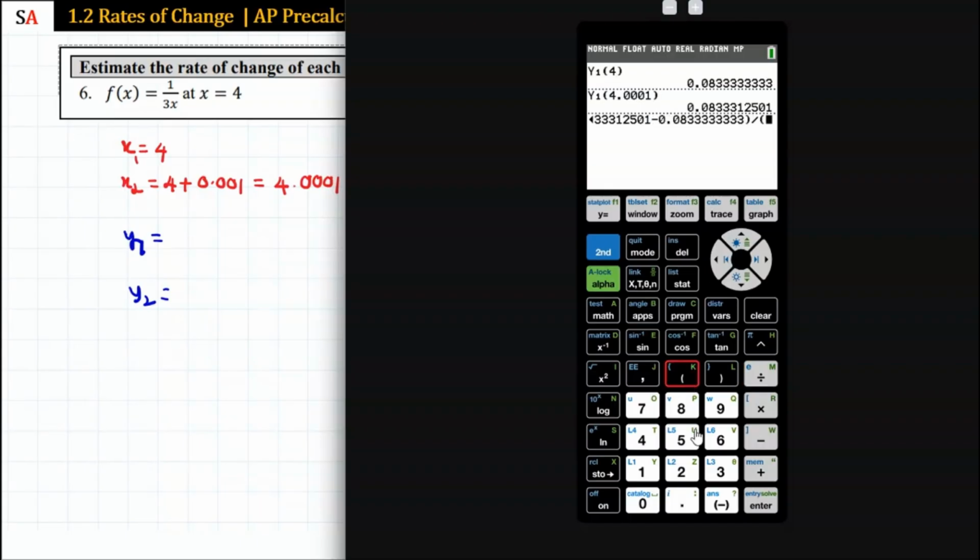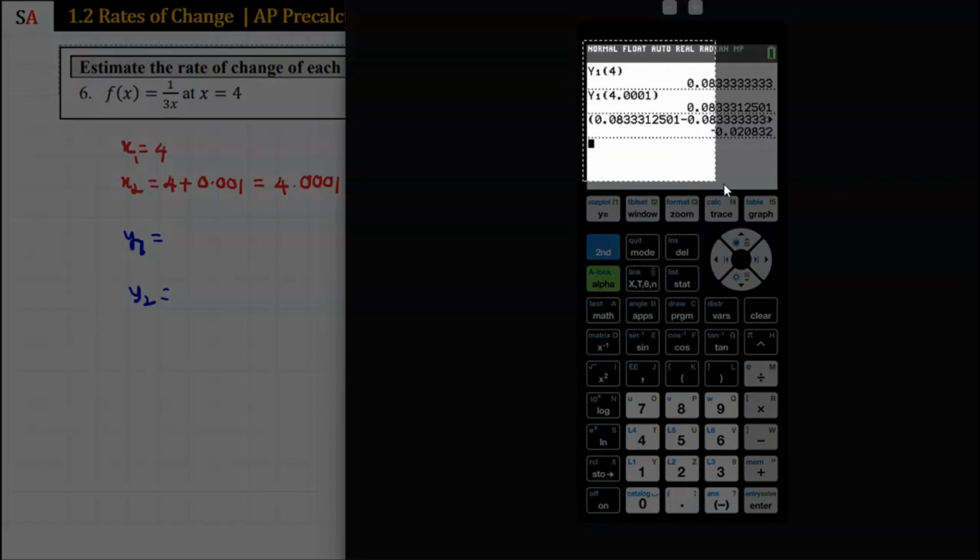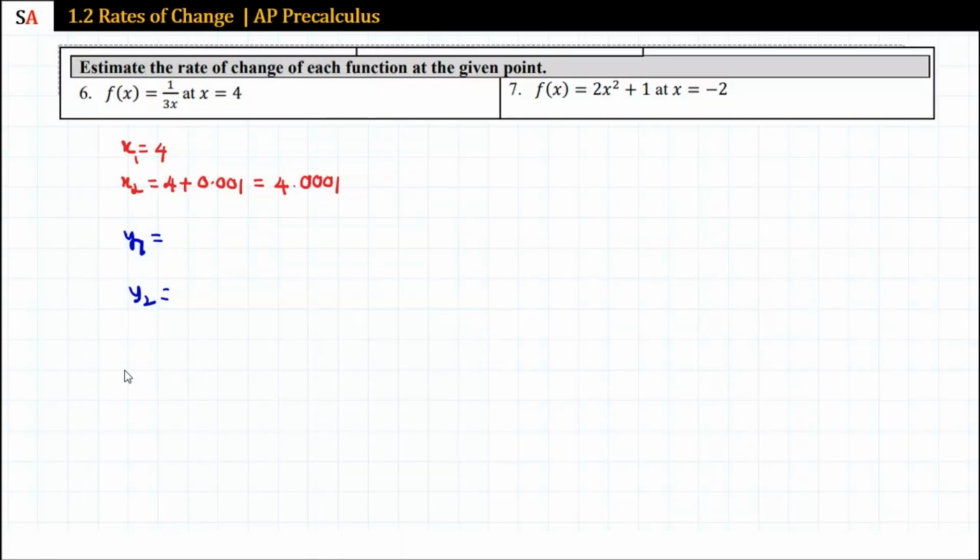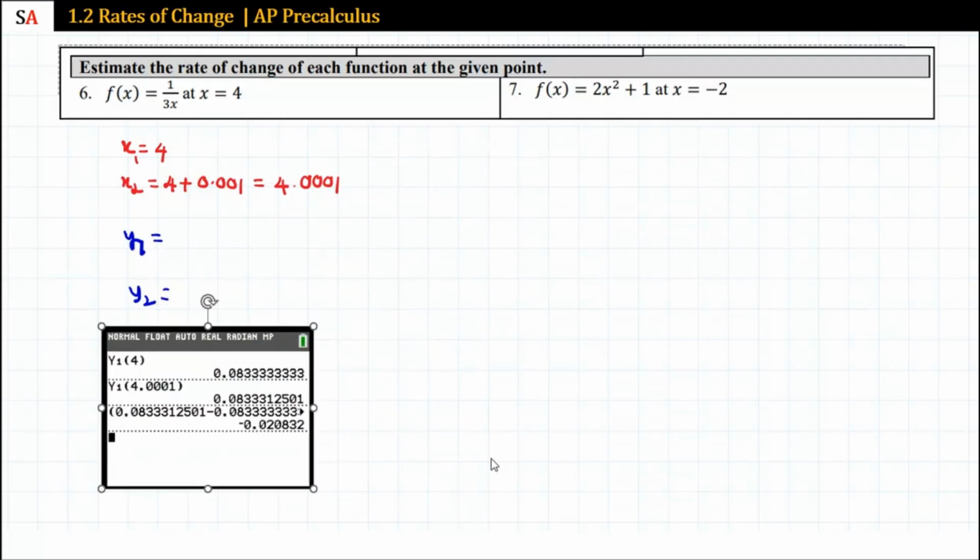The x2 is 4.001 minus x1, which is 4. So the average rate of change, that is the estimated rate of change, is negative 0.02083. Okay, so this is the estimated rate of change.